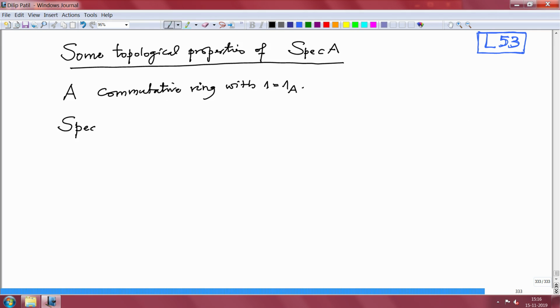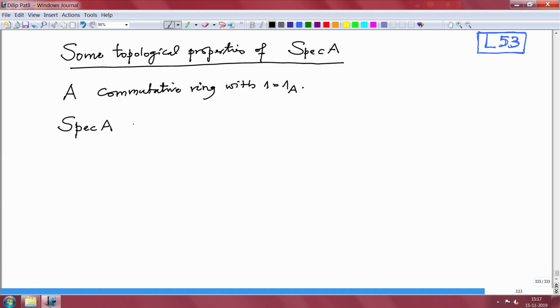When I say the word spectrum, one must remember the spectrum which appears in optics. So I write that as an example, what is the connection between this Spec and that.